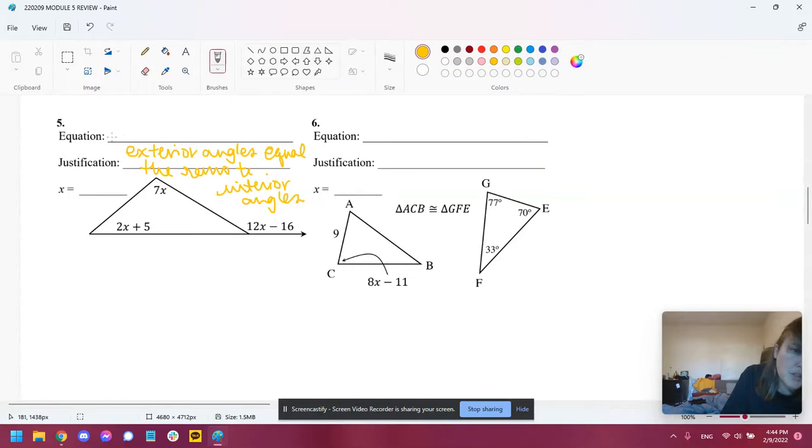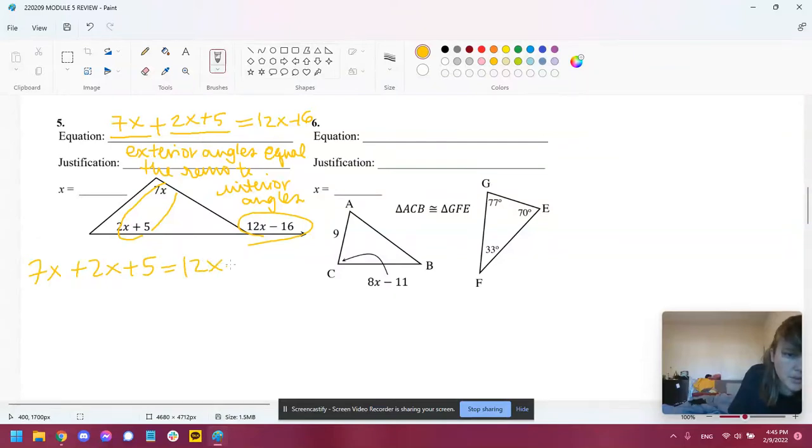It means that these two inside ones, so 7x and 2x plus 5, equal 12x minus 16. So those two added together equal this one. So we've got 7x plus 2x plus 5 equals 12x minus 16.